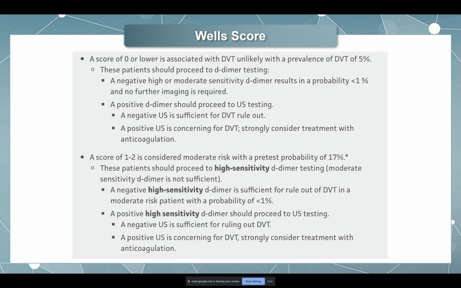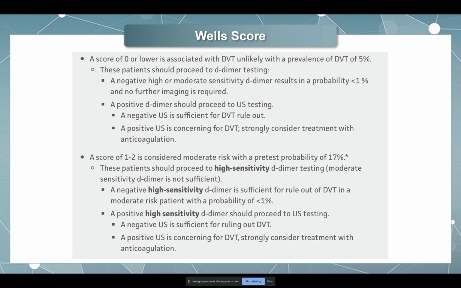So a patient presented with likely DVT, we can categorize the patient under the Wells score first, and then according to the Wells score, we see if we need to proceed with D-dimer testing or not. So kalau Wells score 1 to 2 considered moderate risk, we should proceed with high sensitivity D-dimer testing, which our hospital is carrying out now.